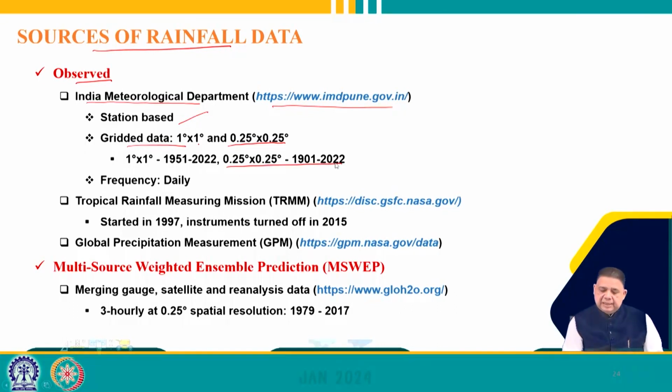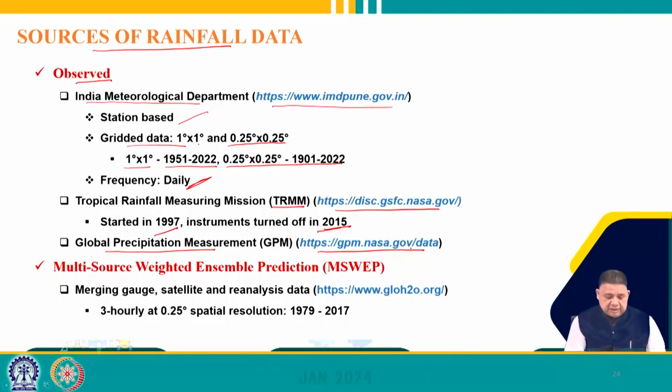The 0.25 degree data is available from 1901 to 2022, while the 1 degree data is available from 1951 to 2022, and it is daily data. Besides that, we have TRMM data, available from this website for 1997 to 2015, and following 2015 we have GPM data, which can be downloaded from this site.